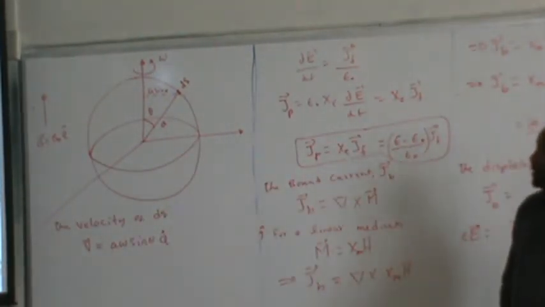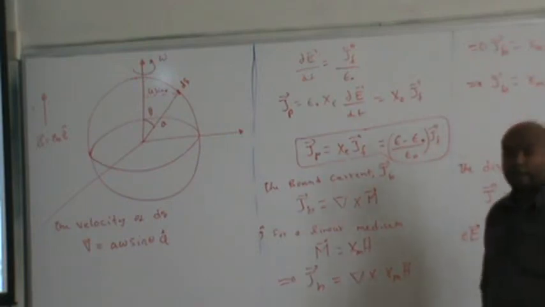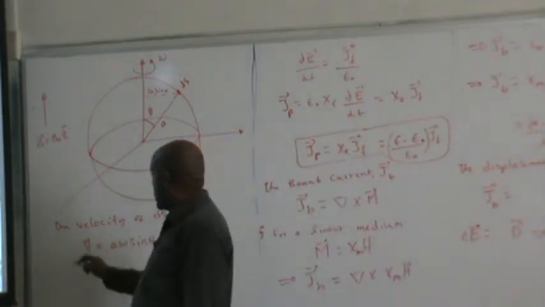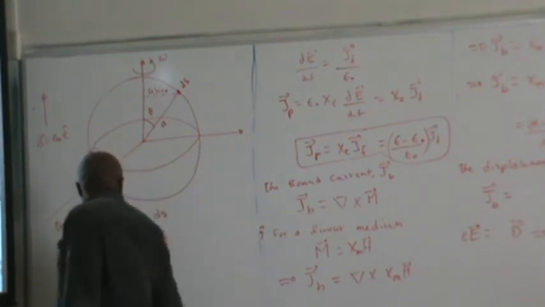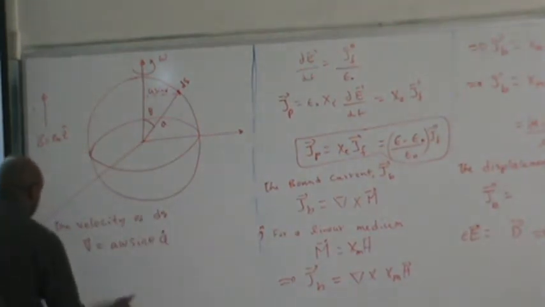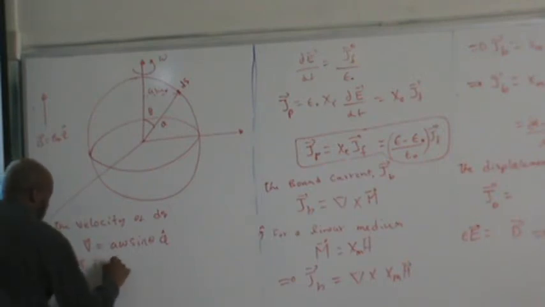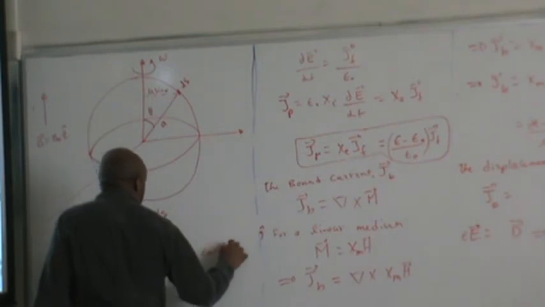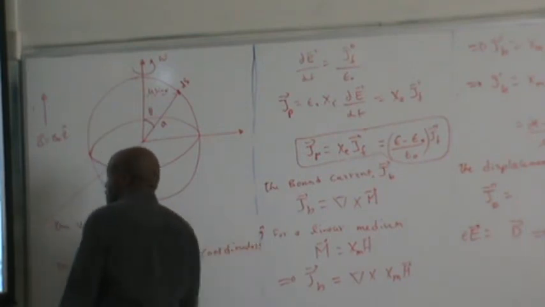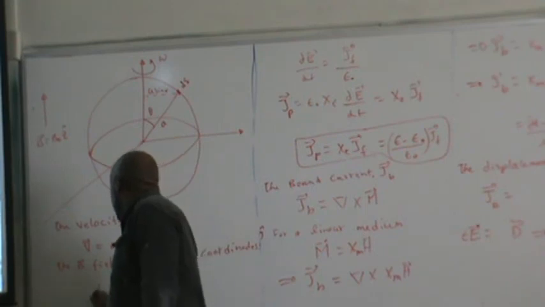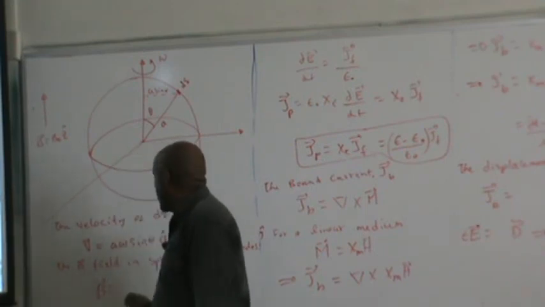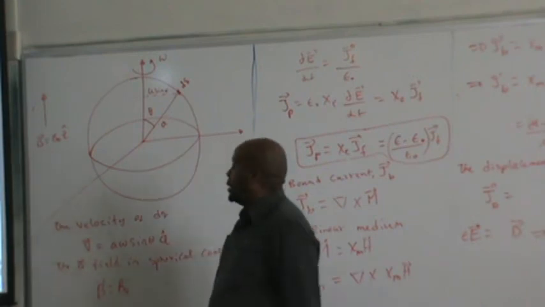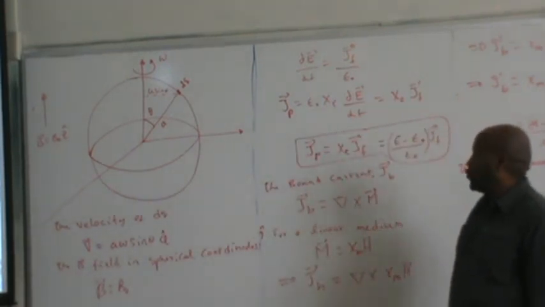And how can I express the magnetic field in spherical coordinates? So B in spherical coordinates is going to be B equals B naught times what?